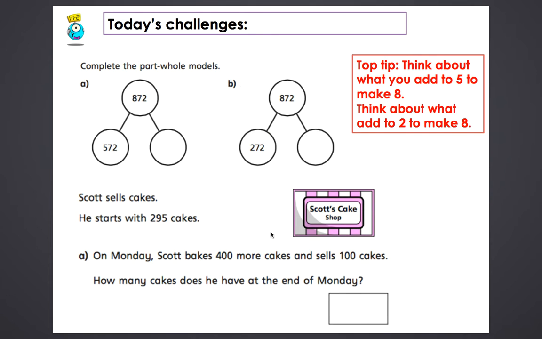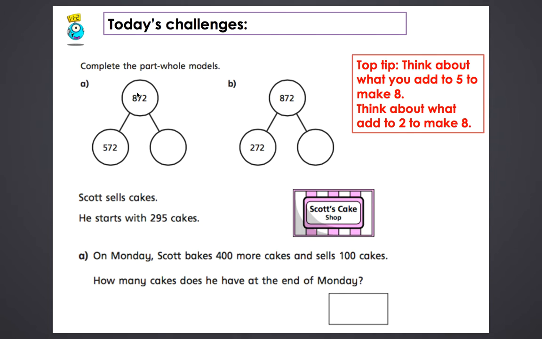Then we've got today's challenges. So first of all, we've got to complete the part whole models. So this is the whole here, 872. And you're going to add on a multiple of 100 to get to 872. So my top tip is to think about what you would add to 5 to make 8. So 5 add what makes 8?